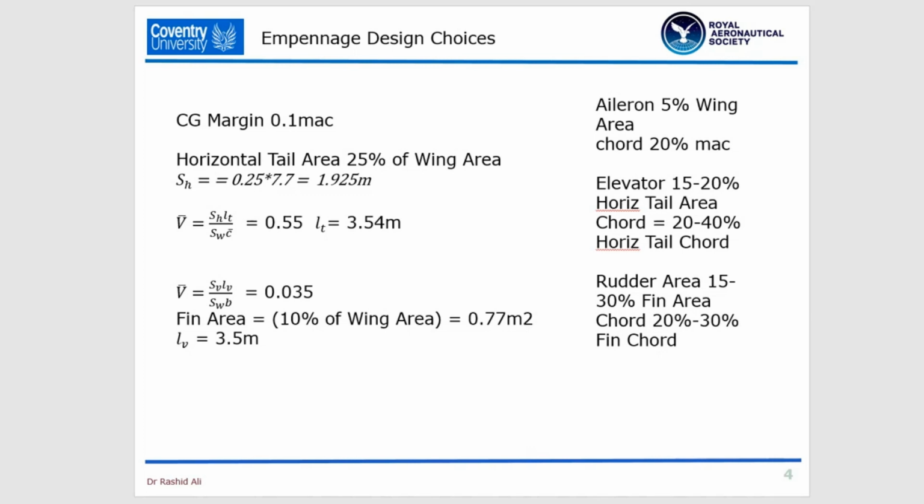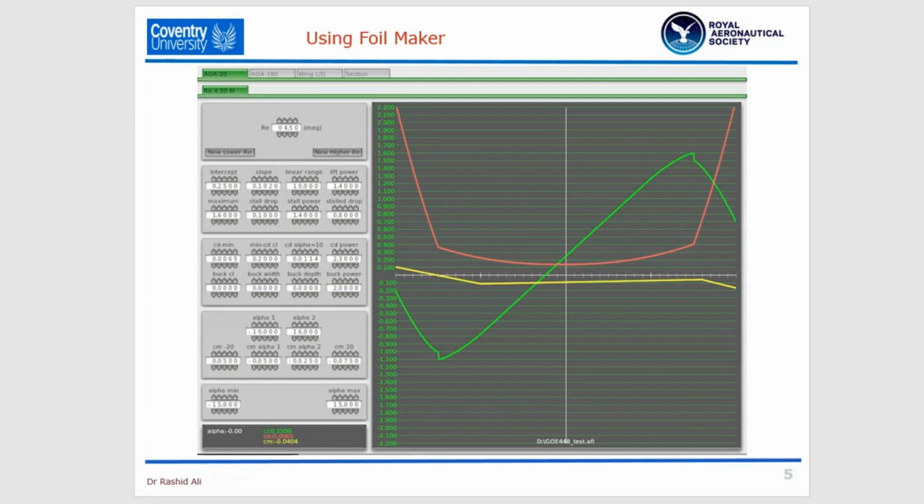The best option is for you to use Airfoil Maker. So when we use Airfoil Maker, it requires us to create this lift coefficient versus alpha, the drag coefficient versus alpha, and the pitching moment coefficient with alpha.